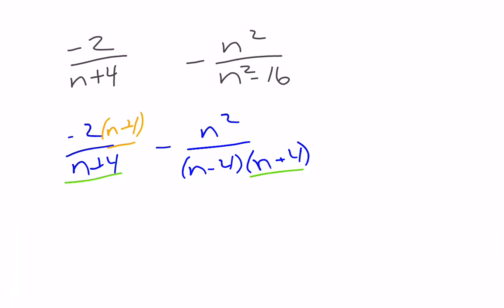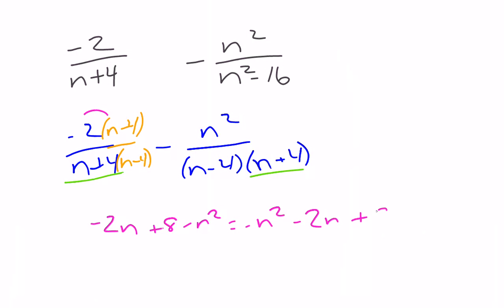So most of us saw we needed to multiply by n minus 4 over n minus 4. And once again, most of us saw we need to distribute, so negative 2n plus 8 minus n squared. And I'm just going to play with my numerator for a little bit and not write the denominator. And a lot of us rewrote that in standard form.